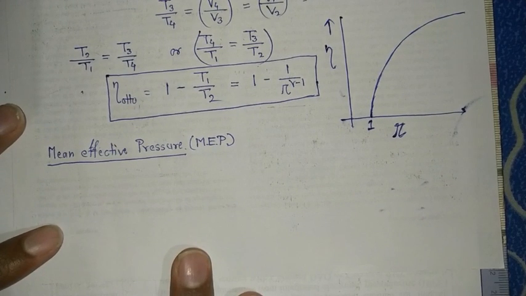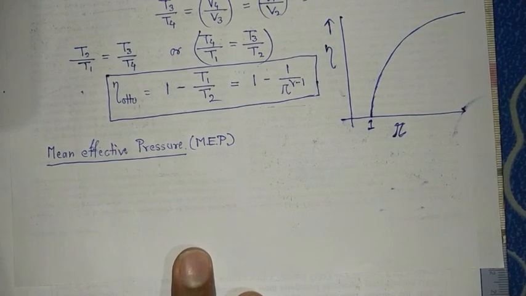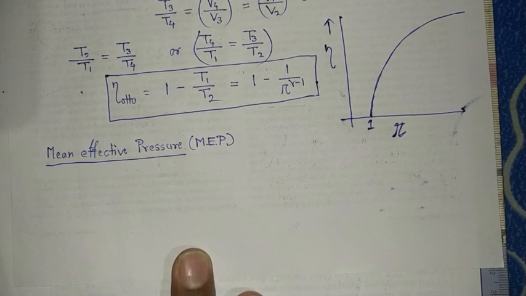So mean effective pressure is an imaginary pressure such that it remains constant and gives us the same work done like the work done in an actual cycle for the same change of volume like in actual cycle. Then that imaginary constant pressure is known as mean effective pressure.